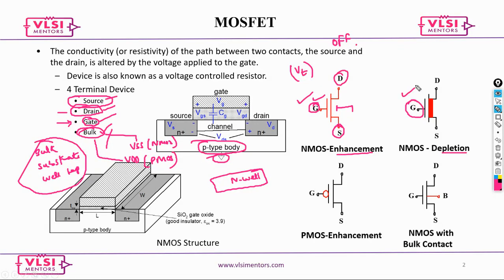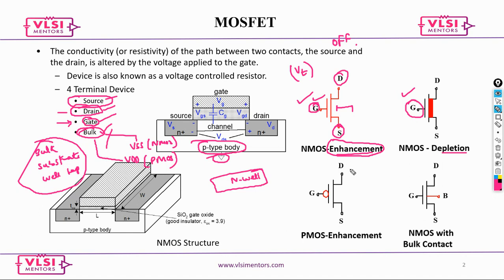Okay, so these two are the types of MOSFETs, and which one do we use in industry, or in our product development, or any kind of research? We always use the enhancement type, because we always try to control things.